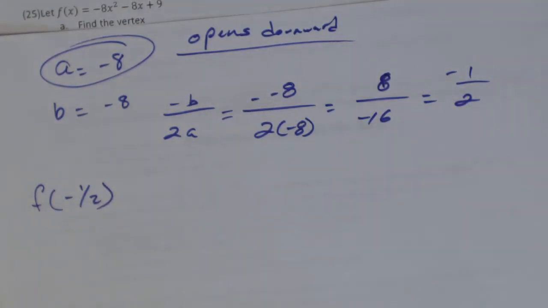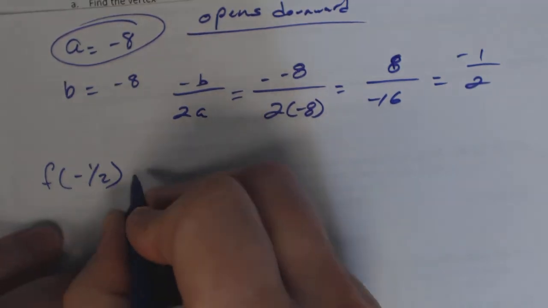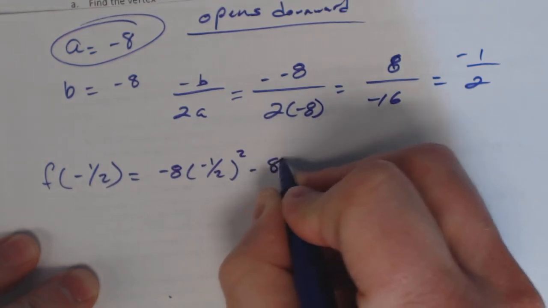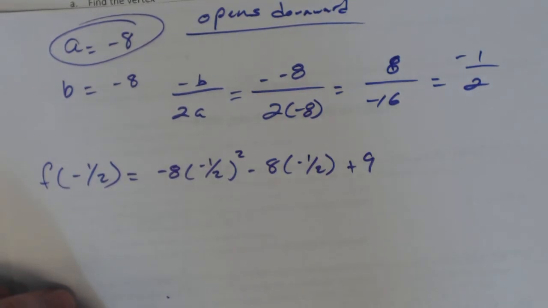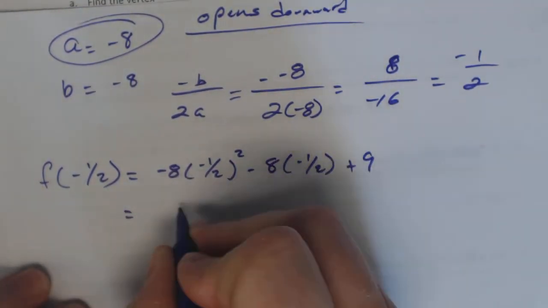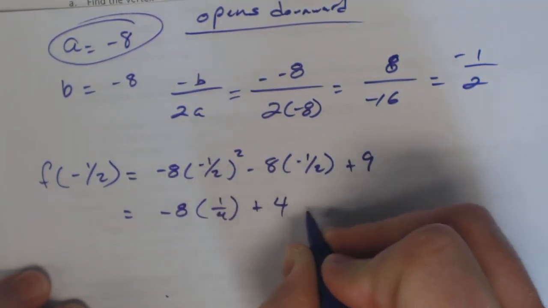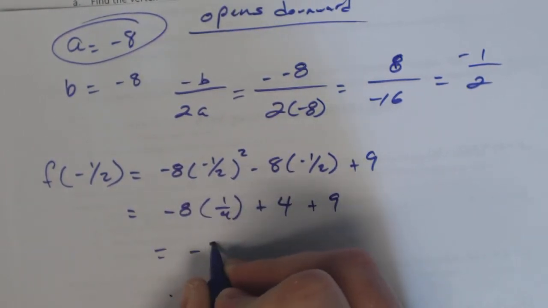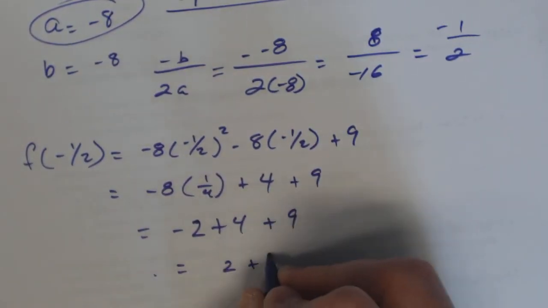Now to get the y-coordinate, remember what we do? We have to plug that back in. So when we do, we're going to get negative 8 times 1/4 plus 4 plus 9. 1/4 of 8 would be 2, so it would be negative 2 plus 4 plus 9, which would be 2 plus 9, which is 11.